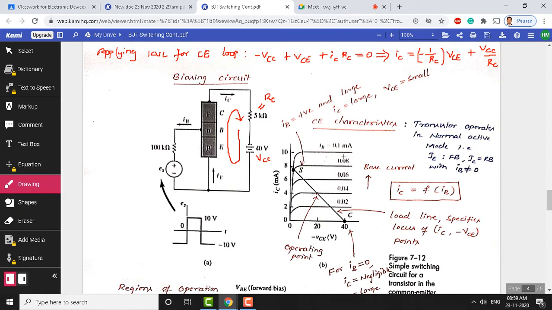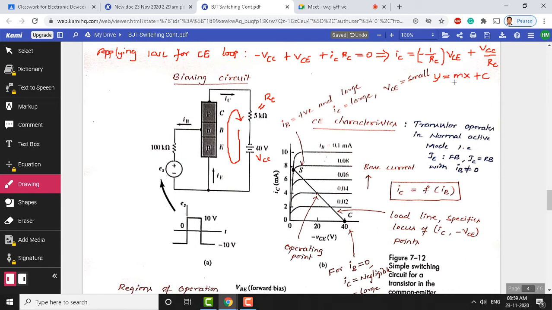This is basically a straight line equation. How do you say this is a straight line equation? Because this equation resembles the straight line y equals mx plus c. Is it not? Y here is equivalent to IC, and m here, that's why I put it in brackets here.